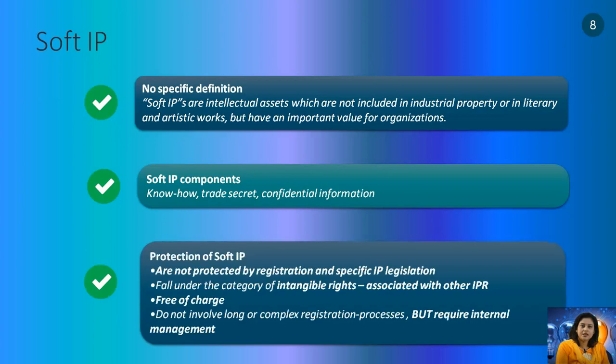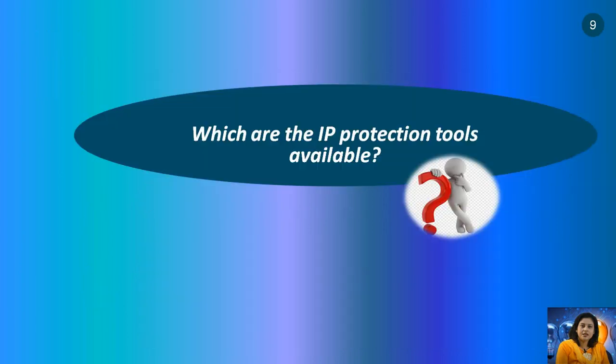Protection of soft IP is done by the following methods. They are not protected by registration and specific IP legislation. They fall under the category of intangible rights associated with other IPR. They are free of charge and they do not involve long or complex registration processes but require internal management.